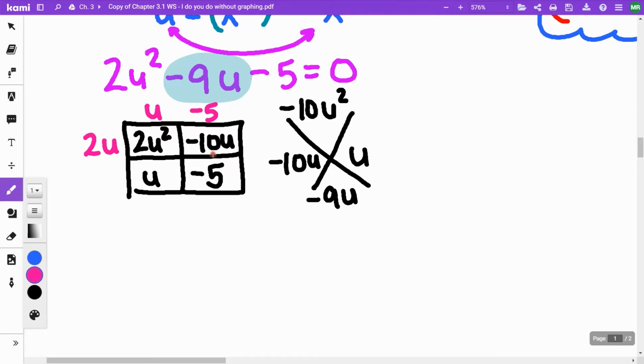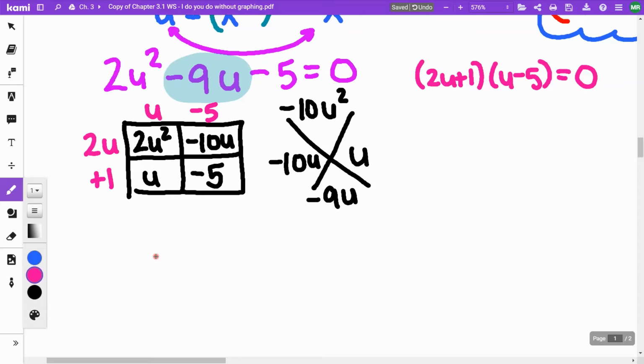Negative 5. u times what gets me a u? A positive 1. So that is now going to be my factors. So I am going to have a 2u plus 1 times a u minus 5 equals 0. That's what I'm solving. I factored it.